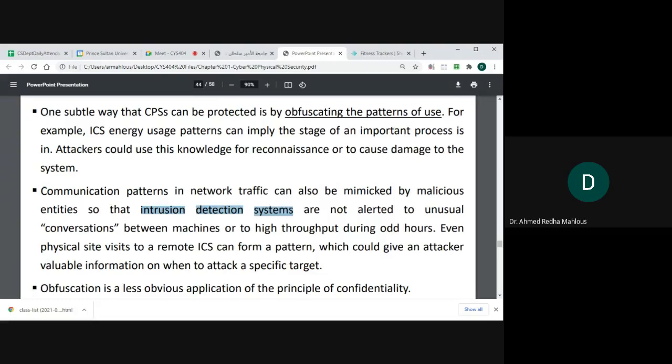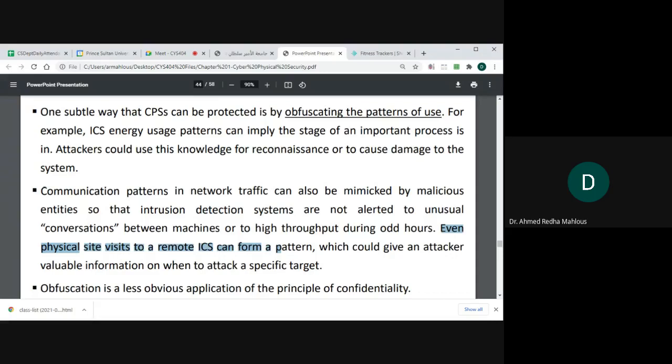Even, as we mentioned, physical site visits to remote ICS can be a pattern. For instance, if you have sensors that have been scattered or distributed in some area, you know that every week, every Thursday, some people come to that area. Let's take a Sahar as an example.